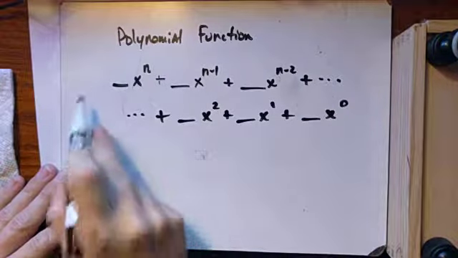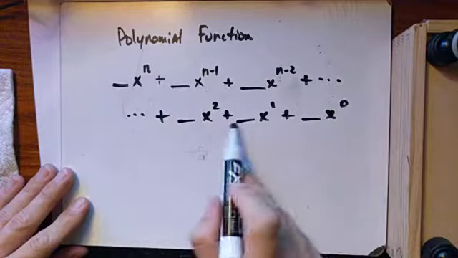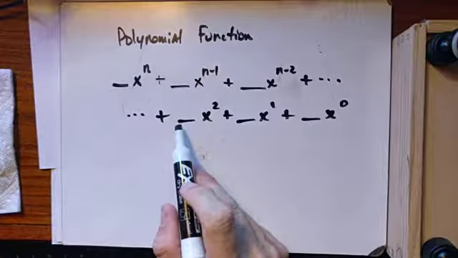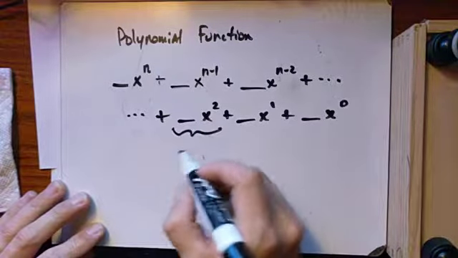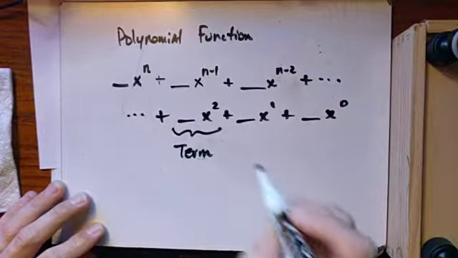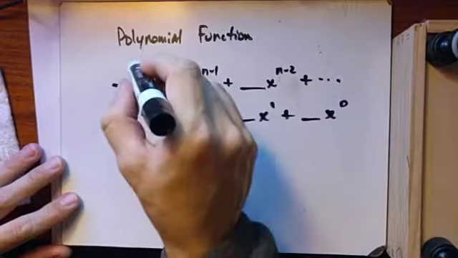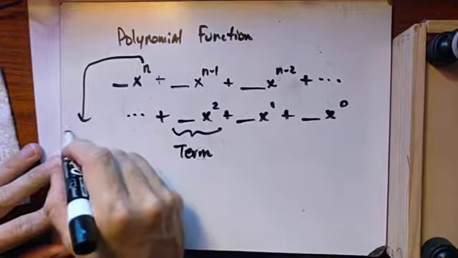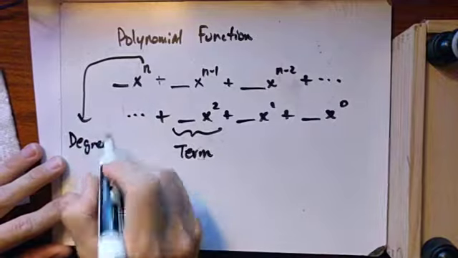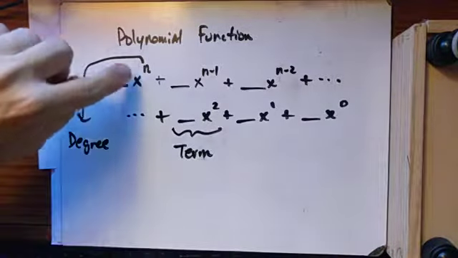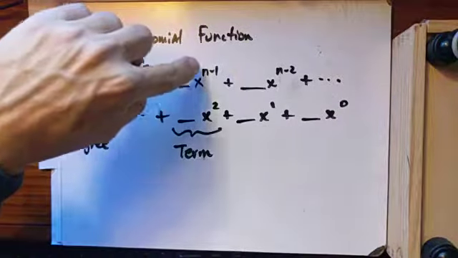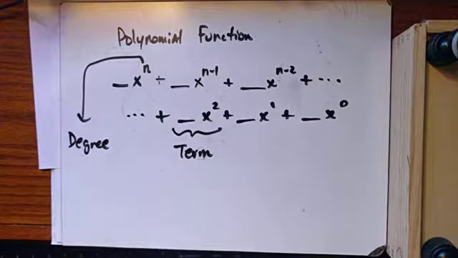So when you add all of these things, all these individual things that are added together are called terms, okay? And this n up here is called the degree, and remember the degree has to be a whole number, and it's the highest one, right? n is bigger than n minus 1, whatever n is.